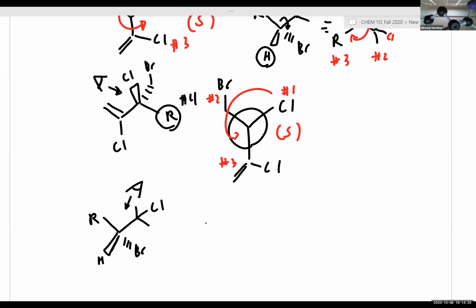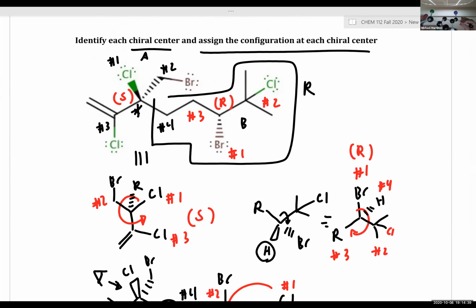So in this case, here's our initial model. So now what we're going to do is, let me just make sure the view is exactly matched up.